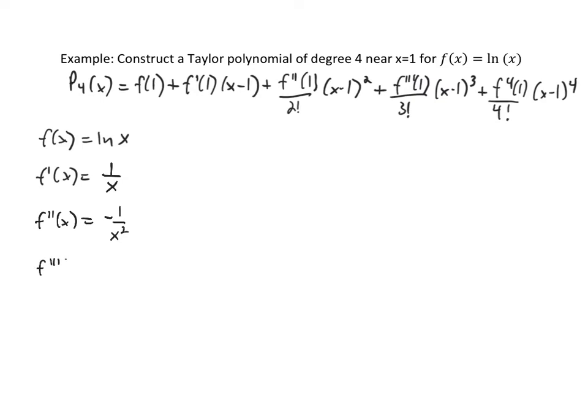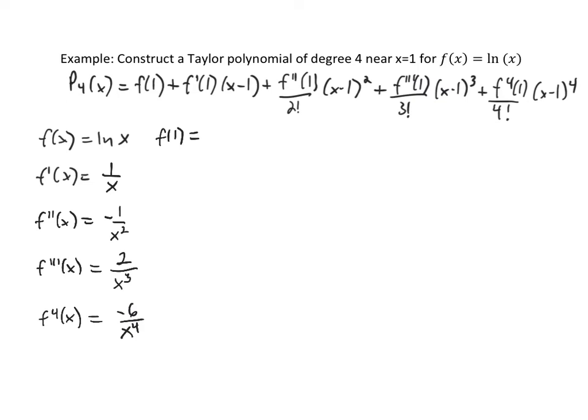Continuing on, the third derivative, dropping that down, would be 2 over, and it would become positive, x cubed. The fourth derivative, if we move that to the numerator, drop it down, you get negative 6 over x to the fourth. So I found the first four derivatives, and now let's just plug in 1.